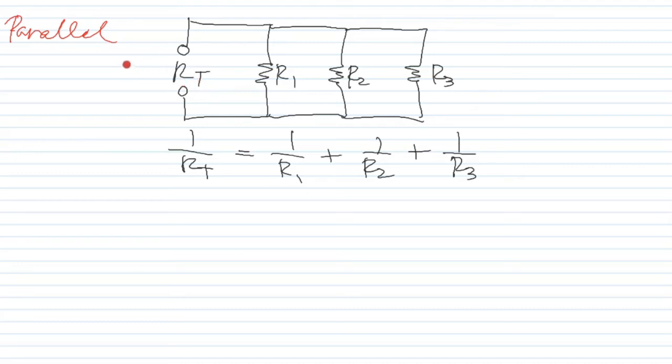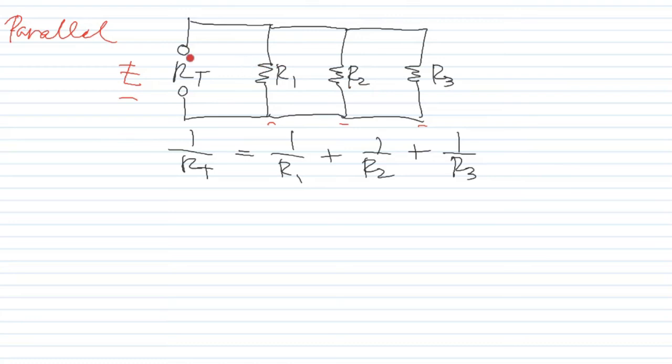Let's say we have a supply voltage here. The connection of each resistance is across the voltage, and in the parallel circuit, the same voltage is experienced in these three resistances.